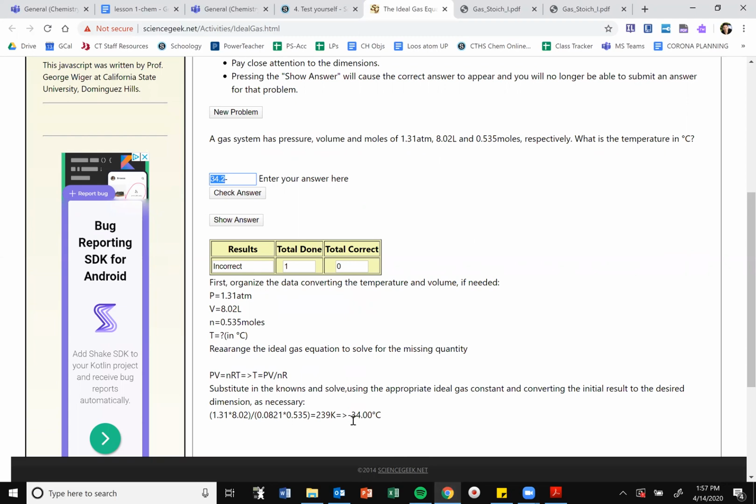I got negative 34.2. They got negative 34.00. And, oh, maybe did I put my negative in the wrong spot? Okay, so point is, if it comes up incorrect, it's okay. If it's close enough, you can check show answer.